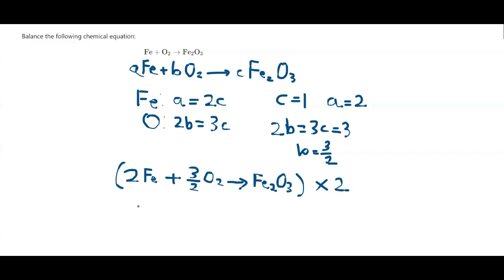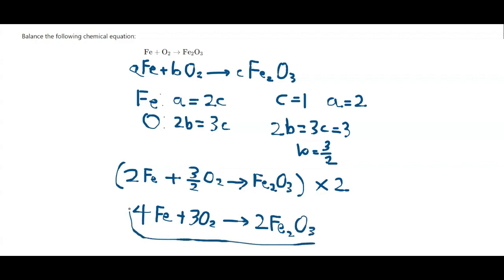So it becomes 4 Fe plus 3 O2, which is equal to 2 Fe2O3. So this is your final answer. Okay. Moving on to the next question.